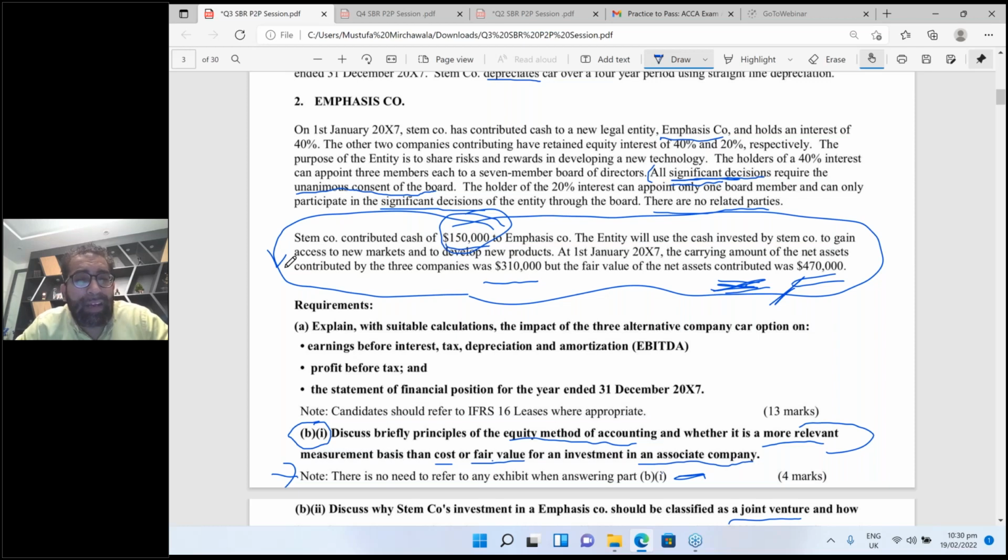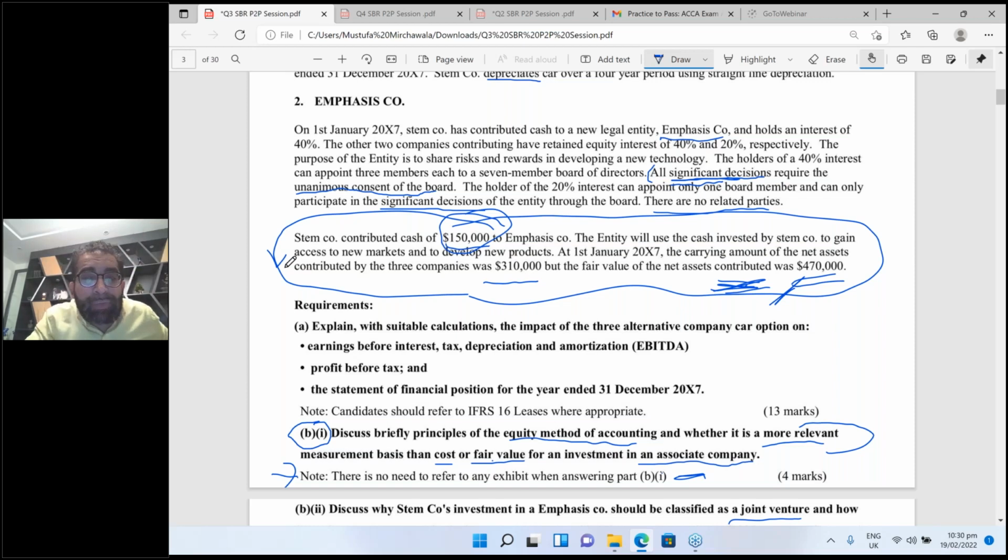Now I have a common sense question for you, because you guys know some business as well. There were three members: 40% by STEM, 40% by another guy, and 20% by another guy.